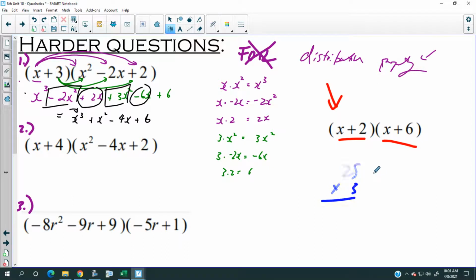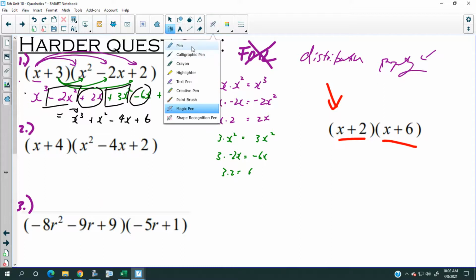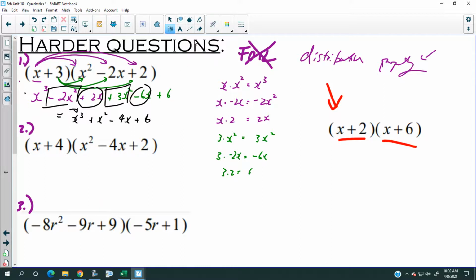Not really, because the skill level is not that different. I guess it's just a preference, and I prefer distributing a binomial, a 2-term expression, into a multiple term expression like that.